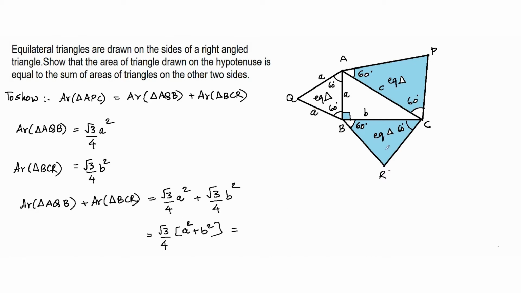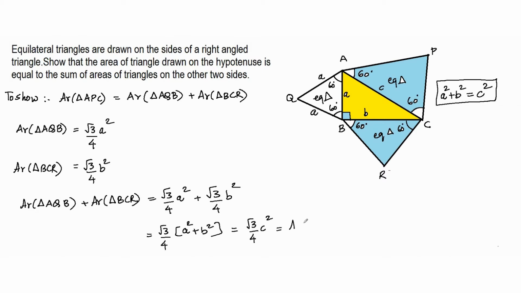And now using Pythagoras theorem, because triangle ABC is right angled, I can apply Pythagoras theorem and say that A square plus B square is equal to C square, right? This is after applying Pythagoras theorem. And therefore, this becomes root 3 by 4 times C square.